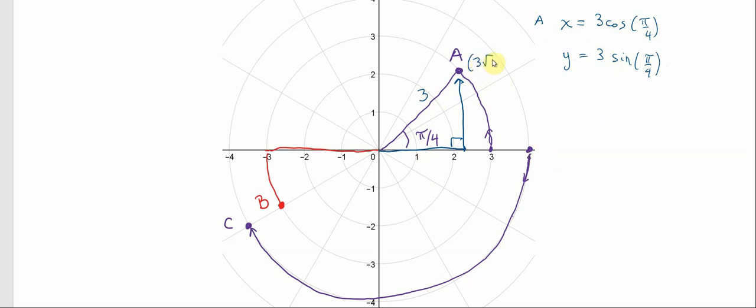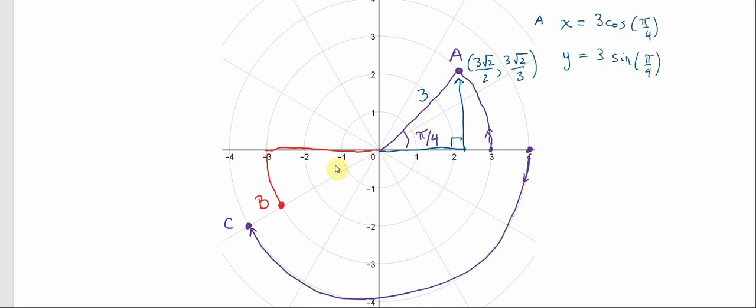I'll write it that way, because cosine of pi over 4 is root 2 over 2, and sine of pi over 4 is root 2 over 2. And we're multiplying that by 3 because that's the radius here if you just use right triangle trigonometry. Okay. All right, how about point B?